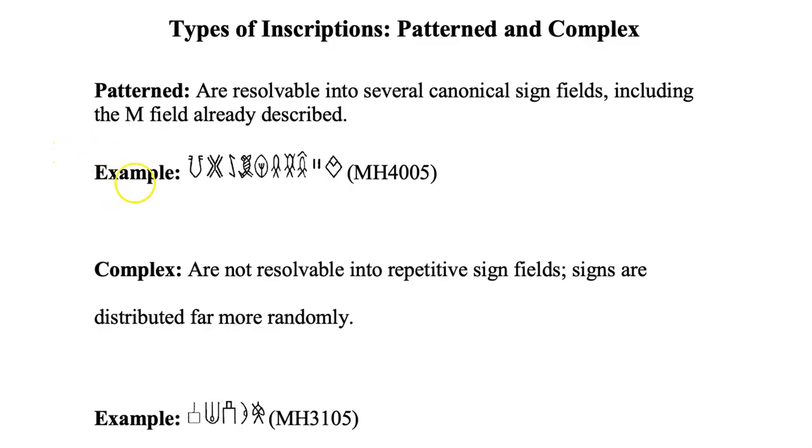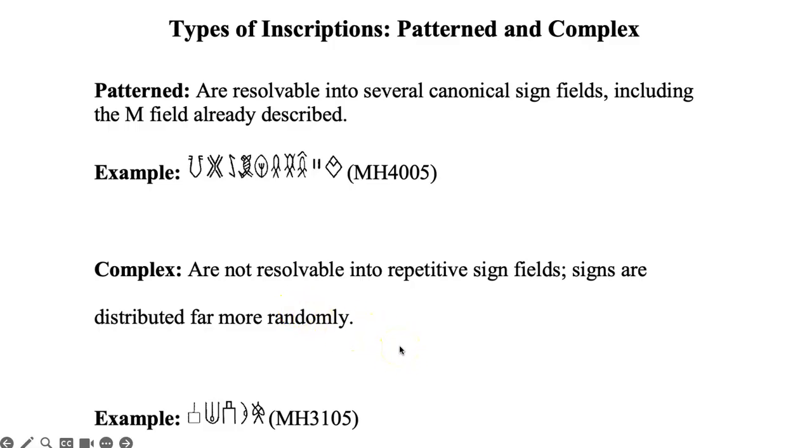In fact, every inscription that includes an M field is ipso facto a patterned inscription. All right. But we also have a relatively small number, and by relatively small, I mean a few dozen, of inscriptions that do not have any discernible interior canonical sign fields. There's no M field, no fish signs, none of that stuff.